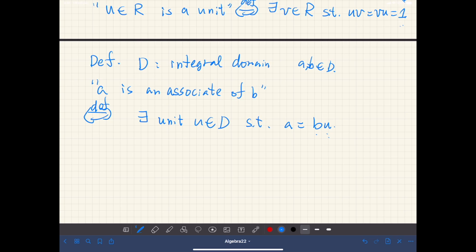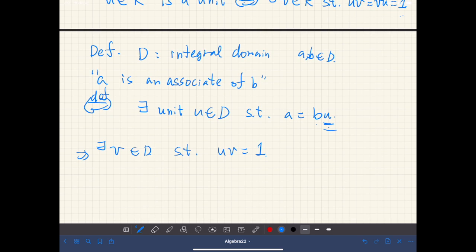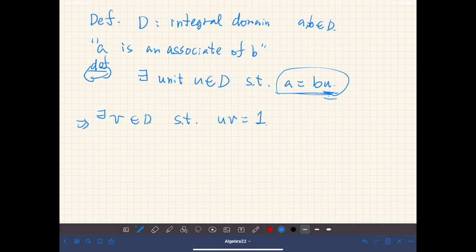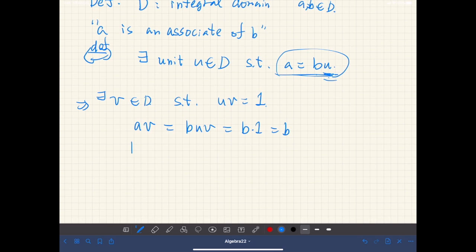But this also implies, since U is a unit, that there exists some element V in D such that UV is equal to 1, where 1 is the identity. If you multiply V from the right to both sides, we have AV is equal to BUV, which is equal to B times 1, which is equal to B. Therefore B is equal to AV.